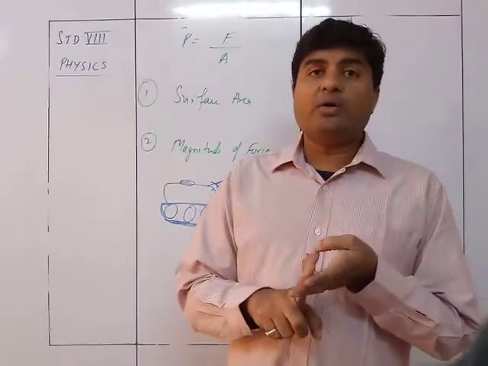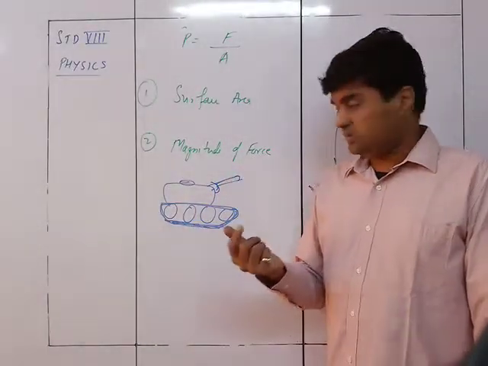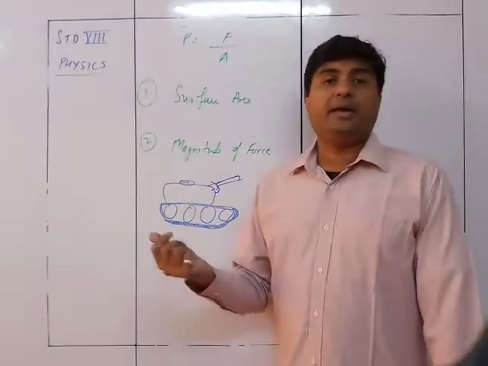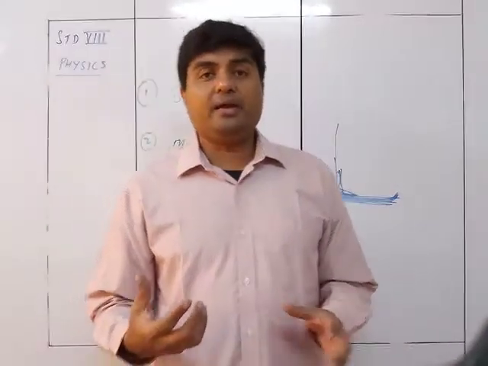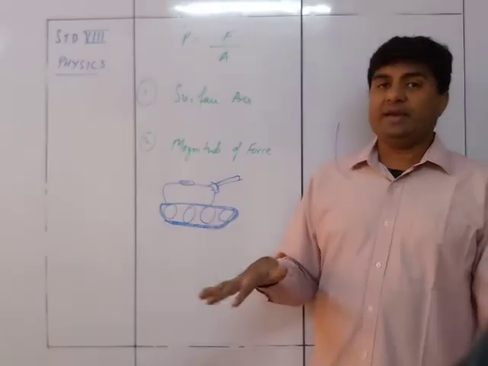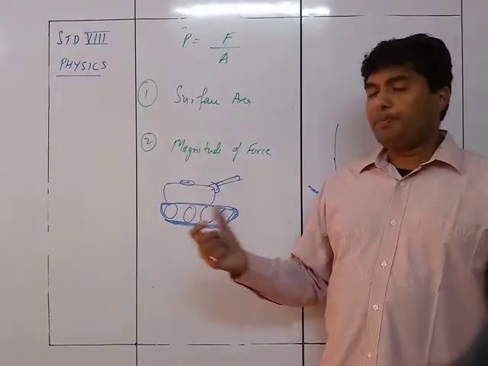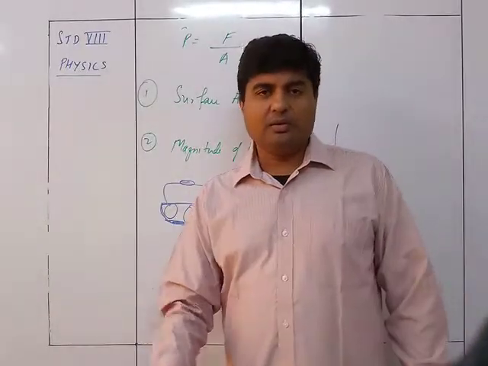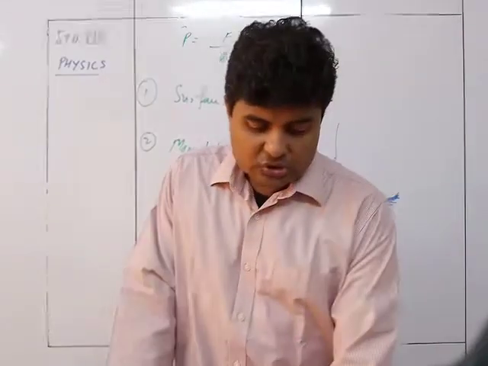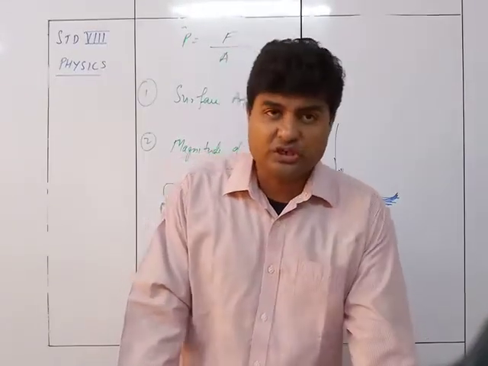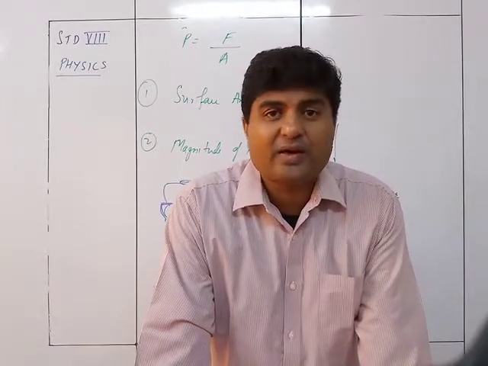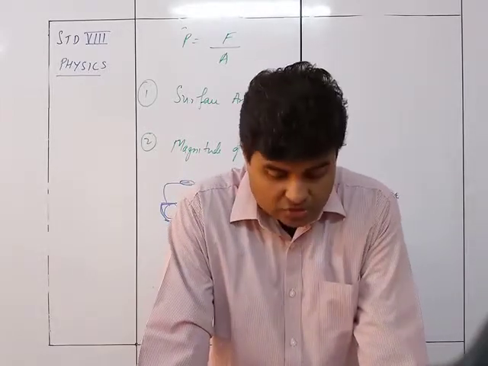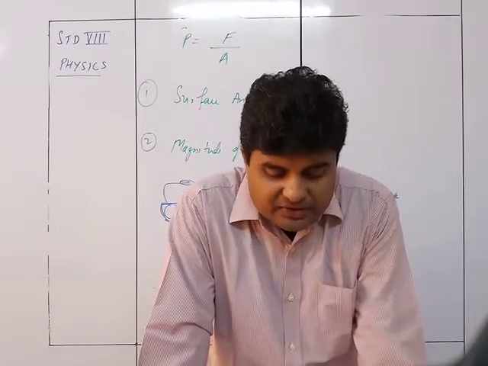It can move around in marshy places. It can move around in places like snow. Everywhere it doesn't want to sink inside, and hence you have got broad steel belts, so that the pressure decreases and it is able to move easily. So these are called caterpillar wheels of a tank.